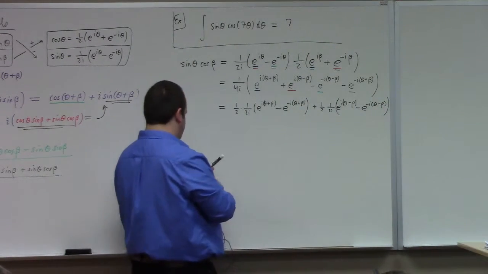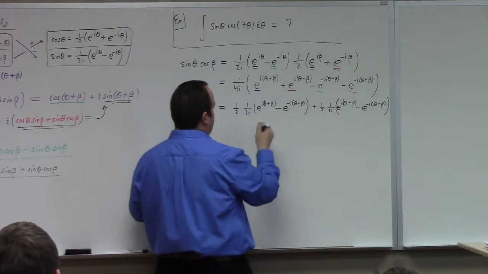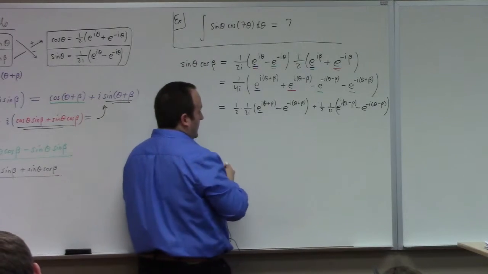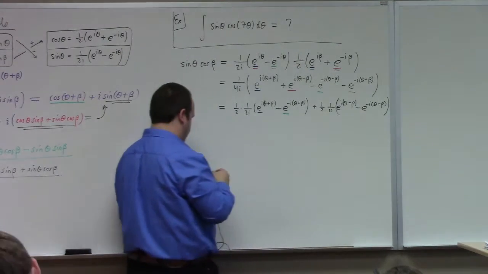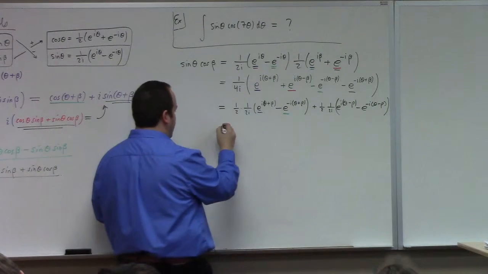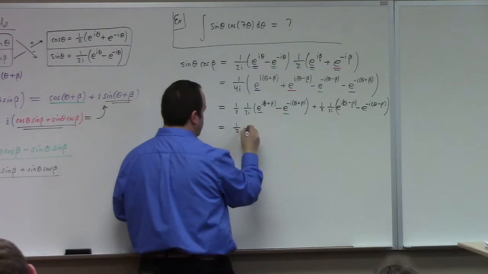I just took this one and that one and grouped them together. But anyway, let me get to the point here. What is this? This is 1/2 sine of what?